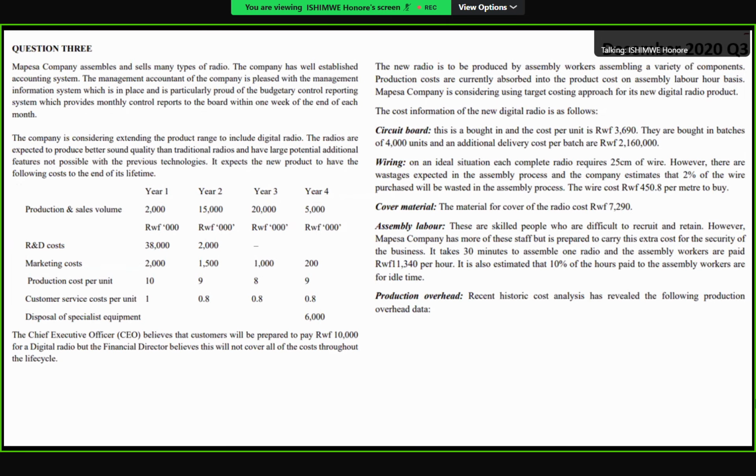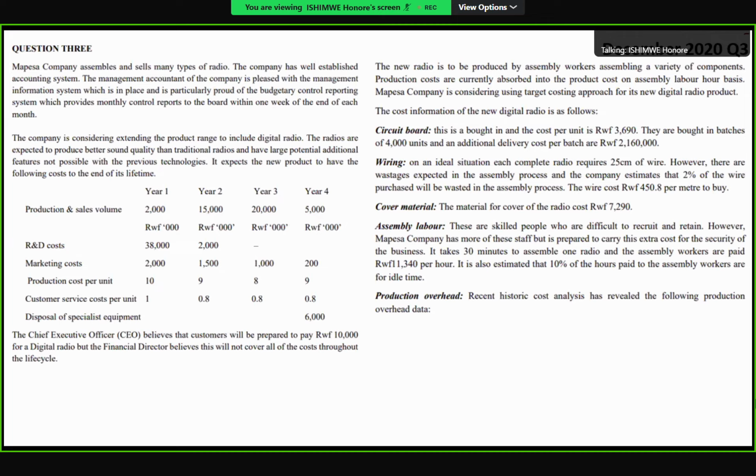They are saying that Mapesa company, I'm reading from left to right, sorry. Mapesa company assembles and sells many types of radio. The company has a well-established accounting system. The management accountant is pleased with the management information system in place, and is particularly proud of the budgetary control reporting system, which provides monthly control reports to the board within 1 week of the end of each month.